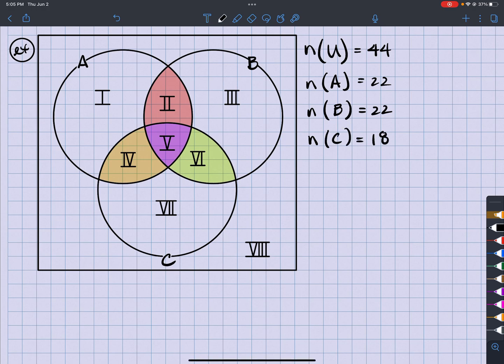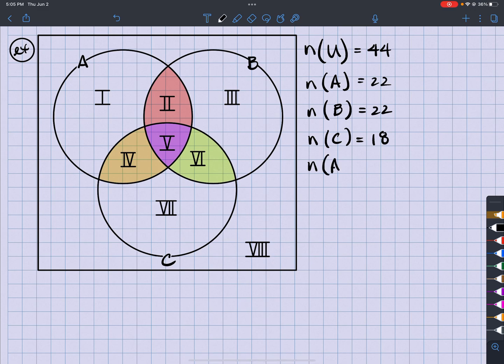And of course, you might be looking at these numbers and thinking, wait a minute, if I add these numbers together, it's going to go way past 44. The reason you think that is because you forget about the crossovers, the duplicates that you're actually counting. So we have to be careful with that as we go. Let's keep going.